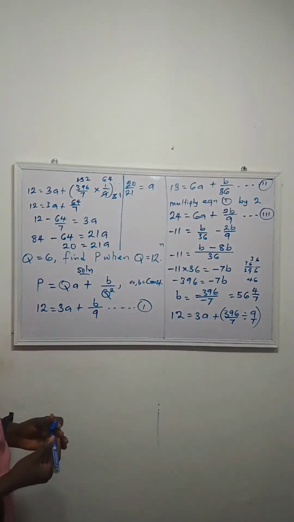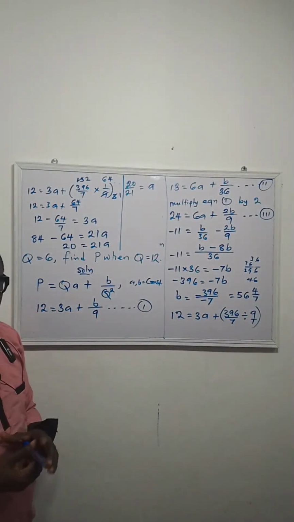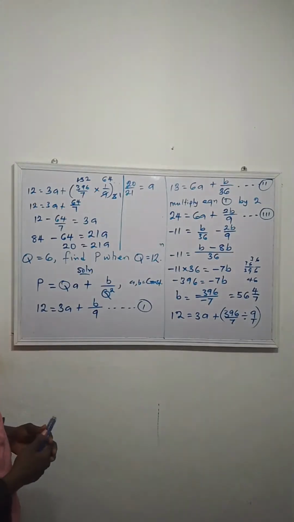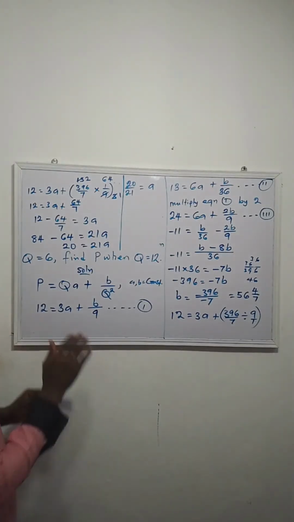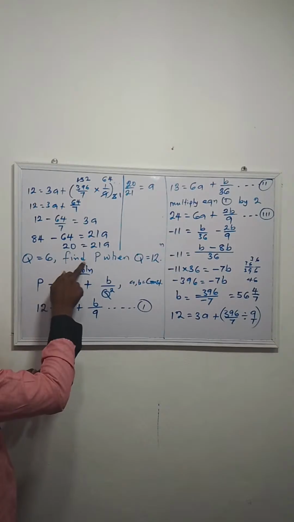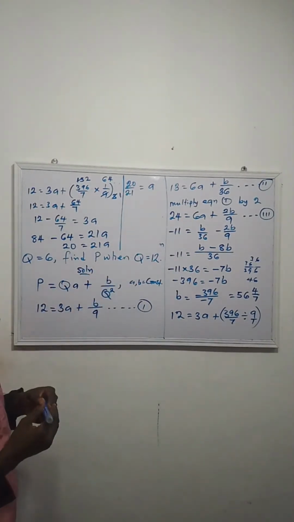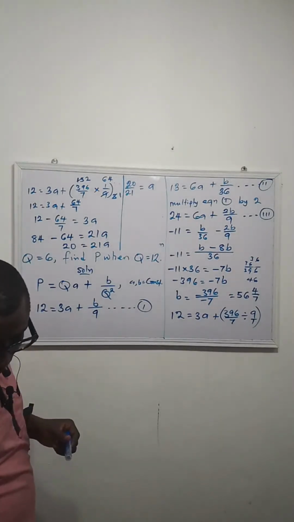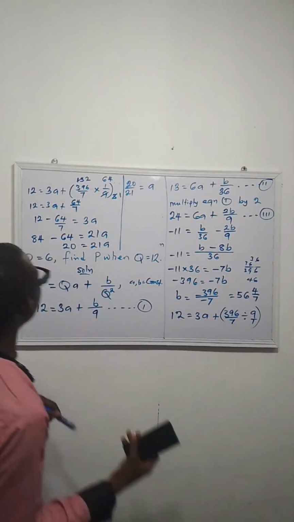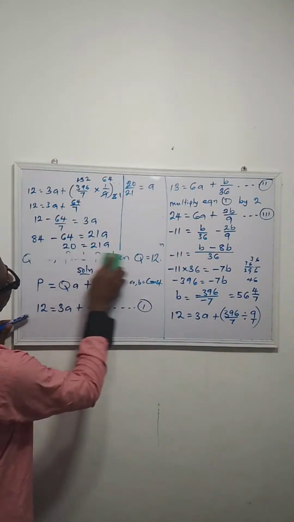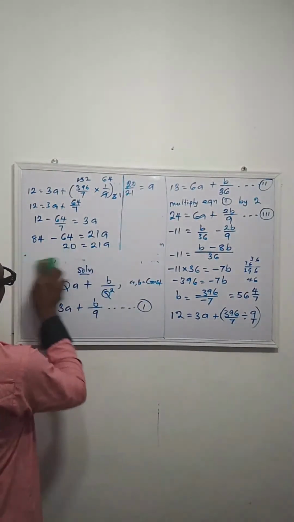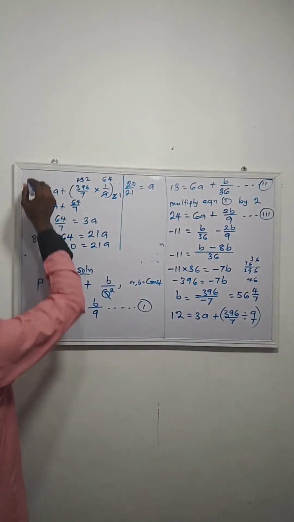So now the next thing is to write the connecting formula. So let's write out the connecting formula. Don't forget, we have to find p when q is 12. So when q is 12, and let's take note of that.